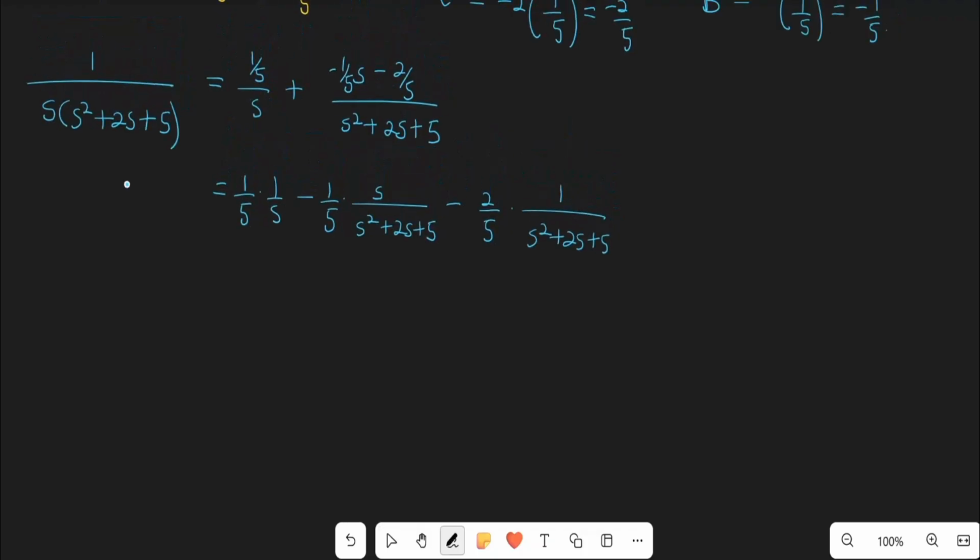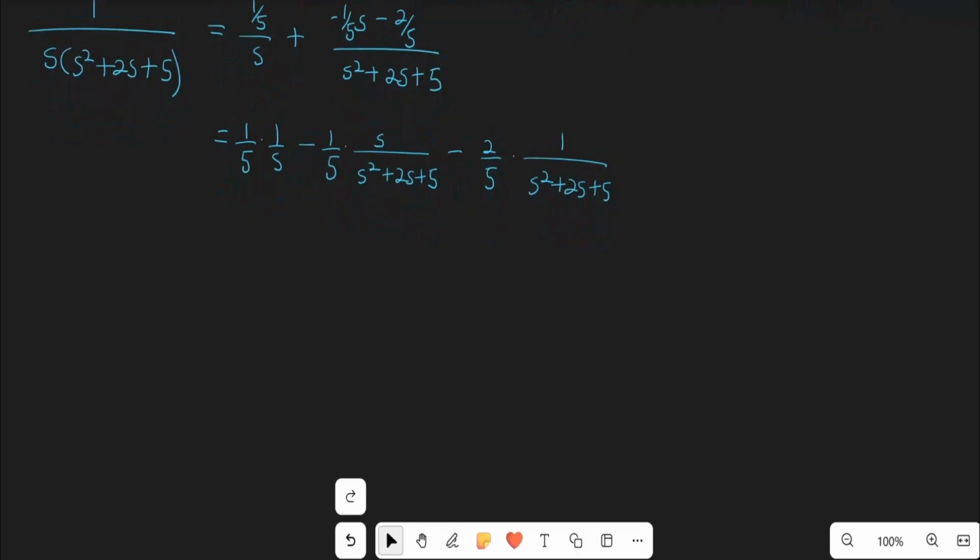I'm not going to write this one all along. Whatever we simplify this to be is going to be the left hand side. So that is 1 over 5 multiplied by 1 over s minus.